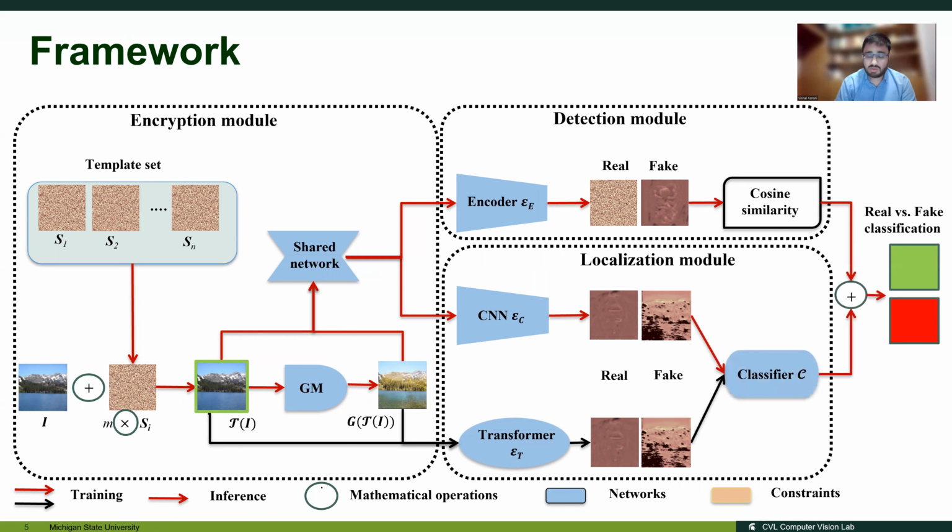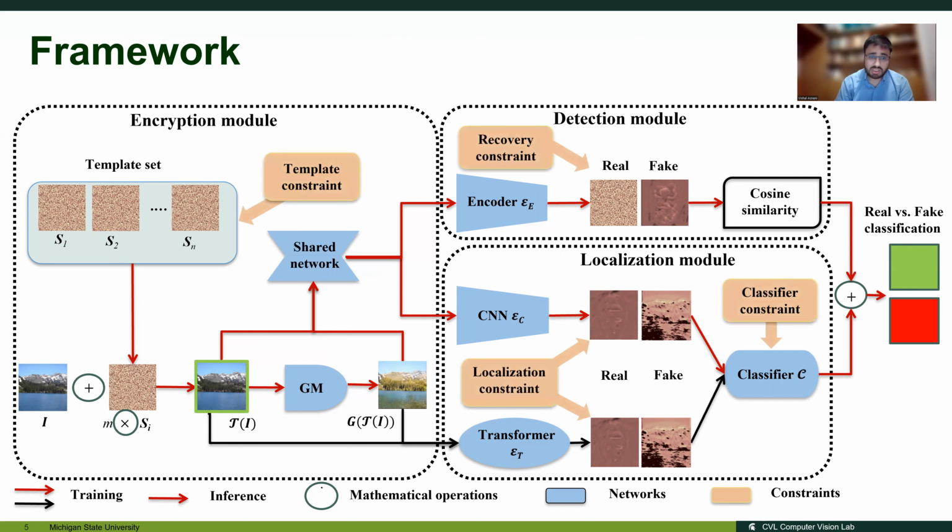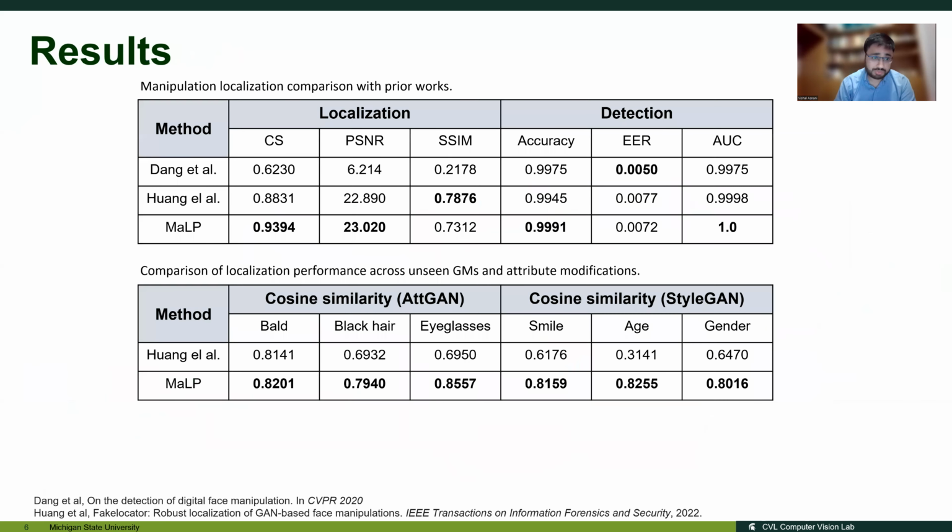These fakeness maps are used in a classifier to improve the detection along with the detection module. We have certain constraints: the template constraint, recovery constraint, localization constraint, and classifier constraint, which are applied to improve the performance of the localization module.